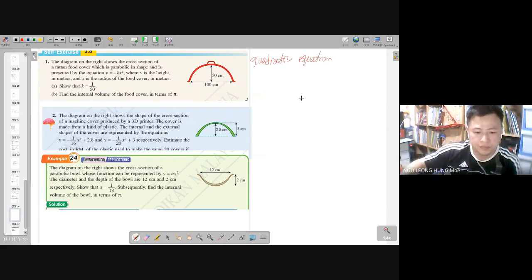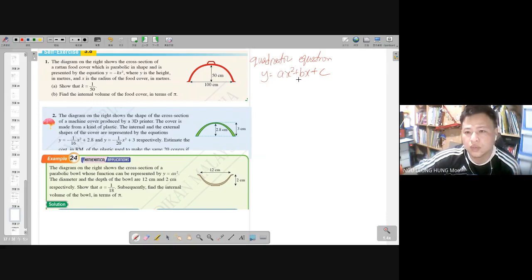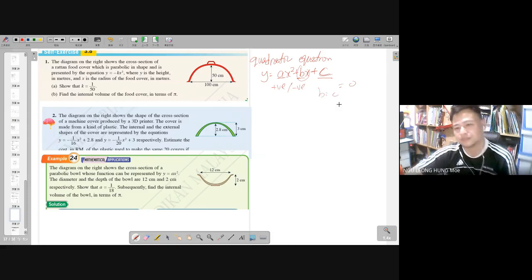Okay, which is y equal to ax squared plus bx plus c. Okay, ax squared plus bx plus c, the meanings of a, b, and c. Okay, if a is positive, negative, how is the shape? If c is equal to 0, how is it? If b equal to 0, how is it?